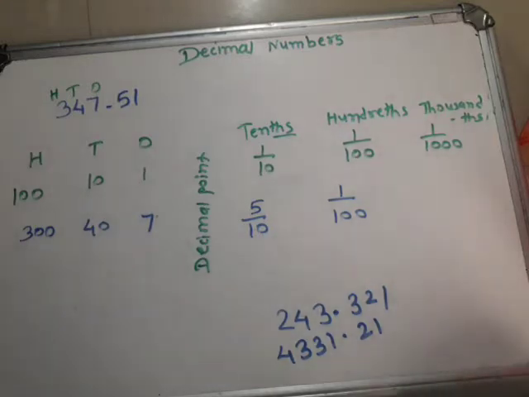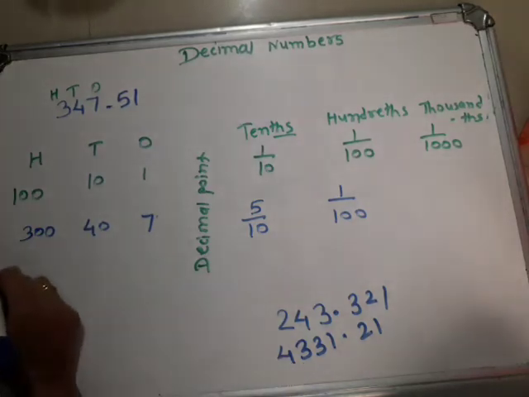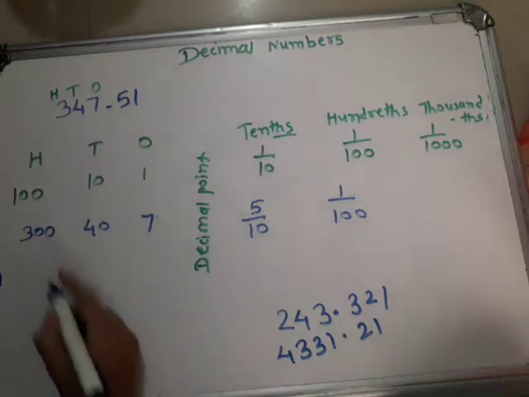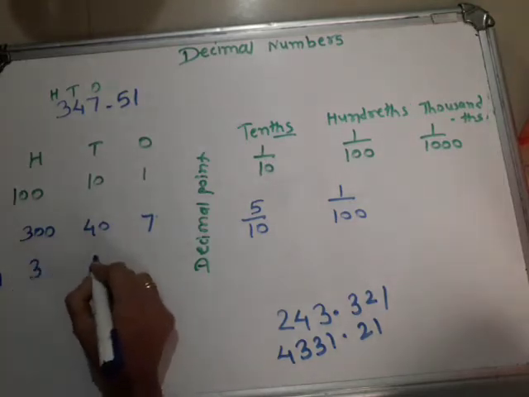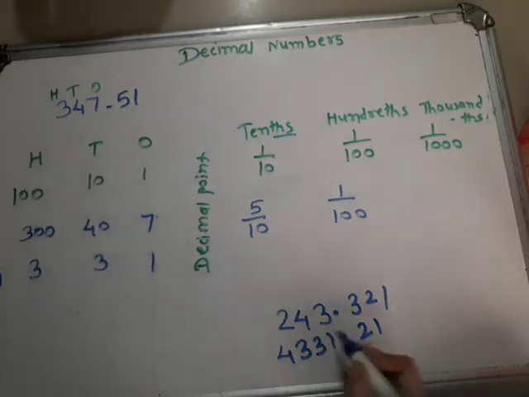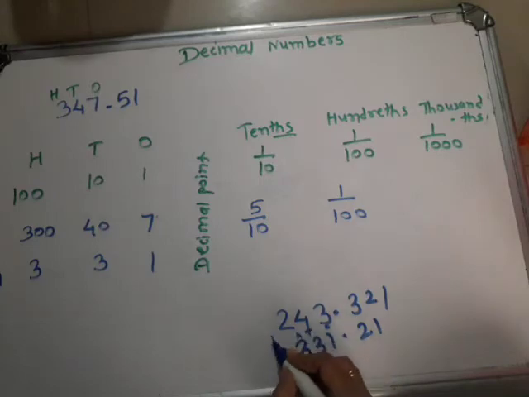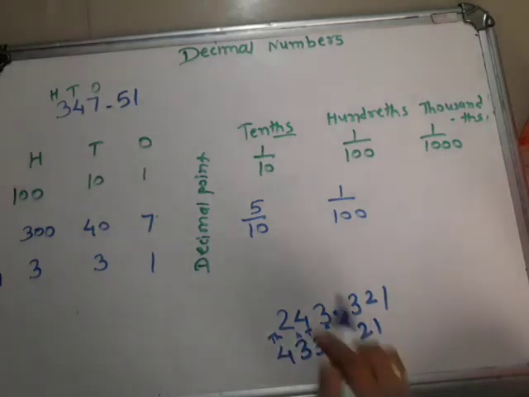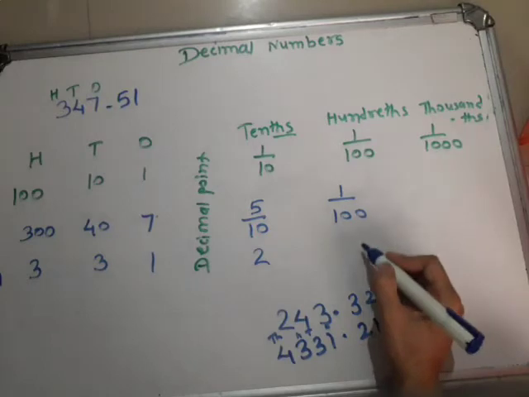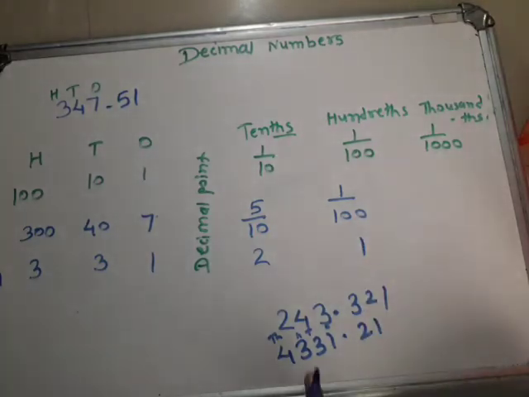Now we write the places in the place value chart. This is thousands place, so we write 4 in the thousands place, 3 in hundreds, 3 in tens, and 1 in ones. Then this is tenths place, so we write here 2, and in hundredths place we write 1.